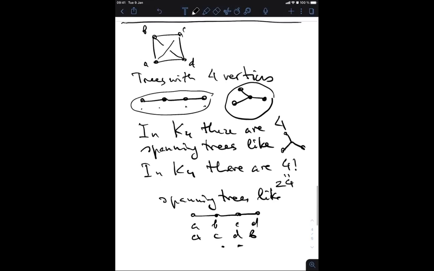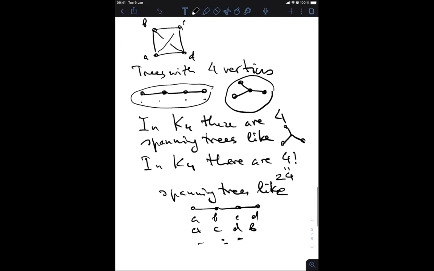So there are 24 permutations on 4 letters, and each of them will code a unique path, since we're working with K4, and a unique spanning tree.